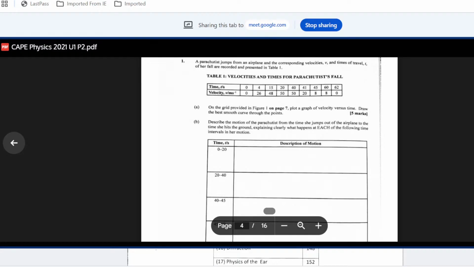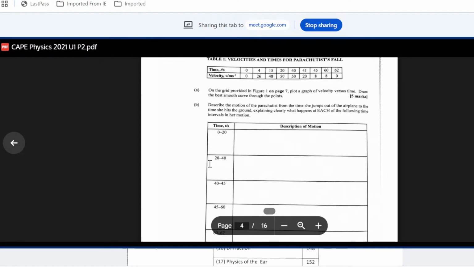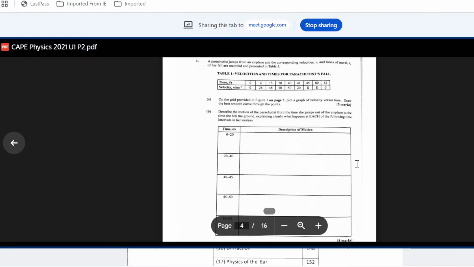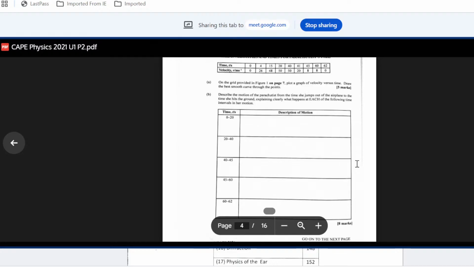And then from 40 to 45, she's decelerating. Let me scroll down a little bit. I can only assume that she's pulled the chute at this point. Yeah, so if she's decelerating, we reach now 45 to 60.